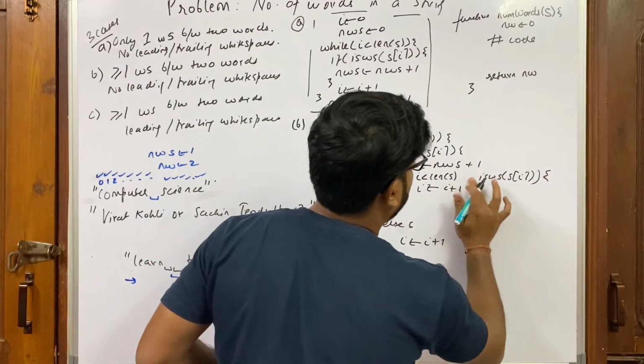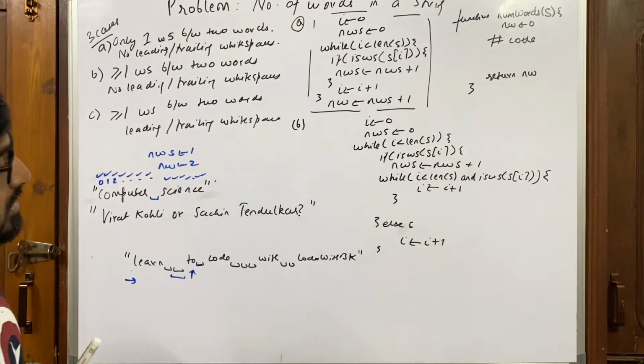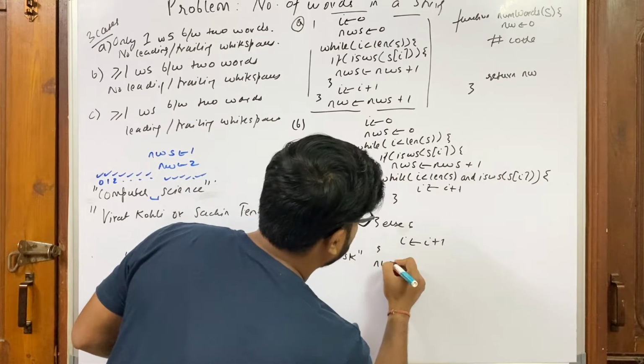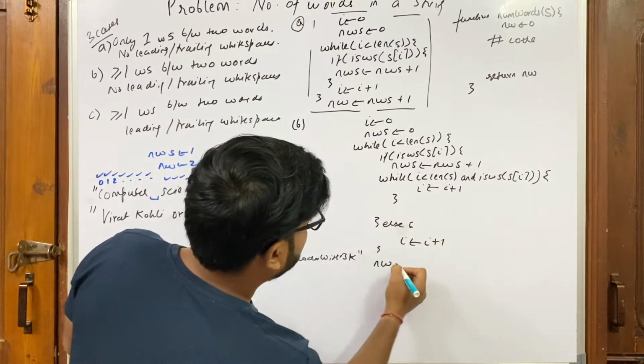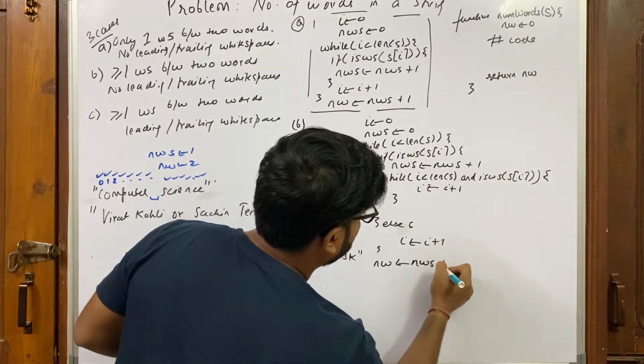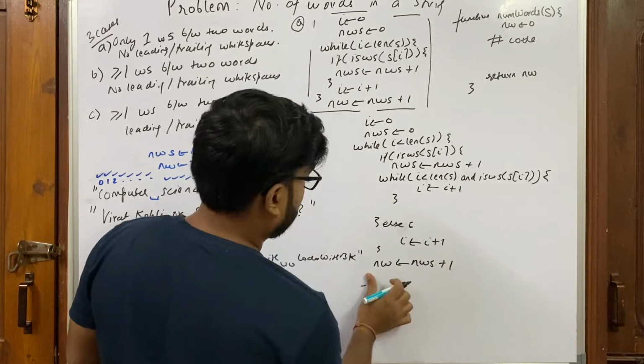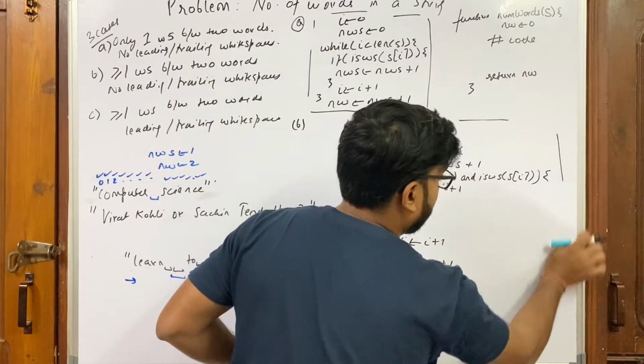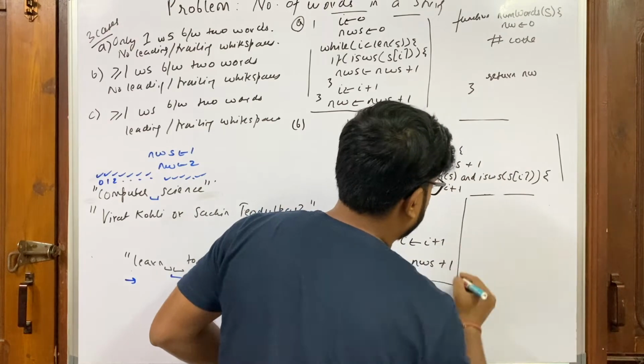Then finally, after the while loop ends here, number of words is number of white spaces plus 1. Okay, pseudocode for these cases is this.